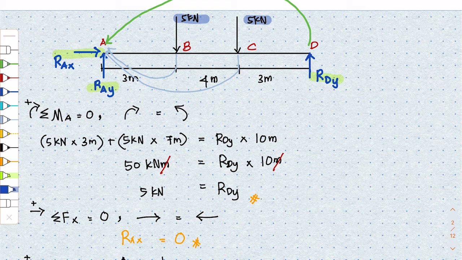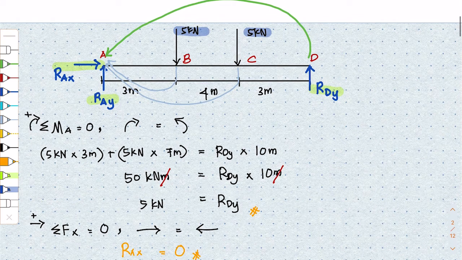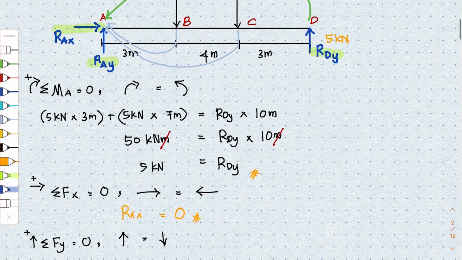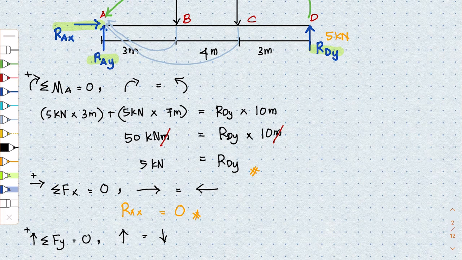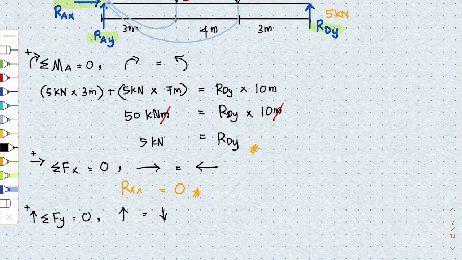And kita pun dah tahu the value of the RDY which is kita boleh replace kat sini 5 kilonewton untuk memudahkan kita kira. So we have going up RAY plus RDY equal to going down 5 kilonewton plus 5 kilonewton.